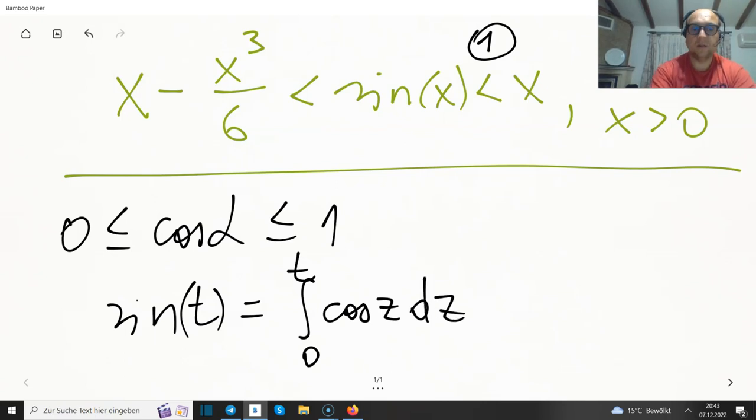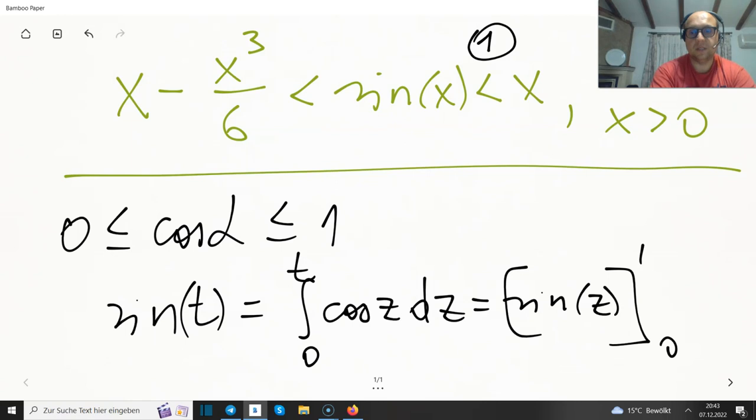The original function of cosine is a sine, so that would be sine of z between 0 and t. And as you can see, if I put 0 I get 0, if I put t, this is t, so that's fine.